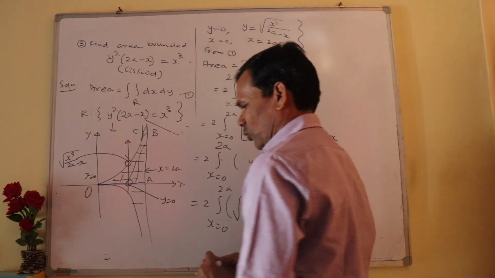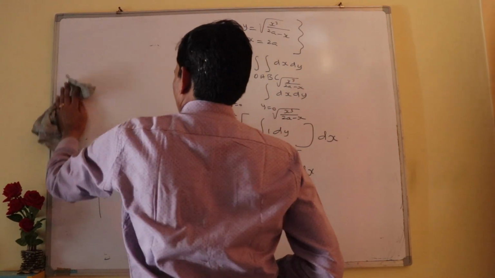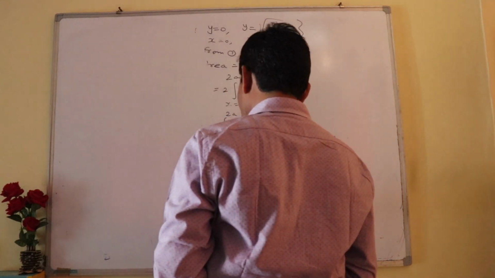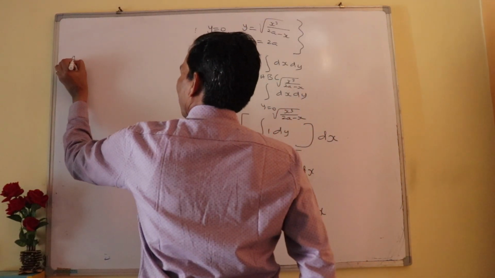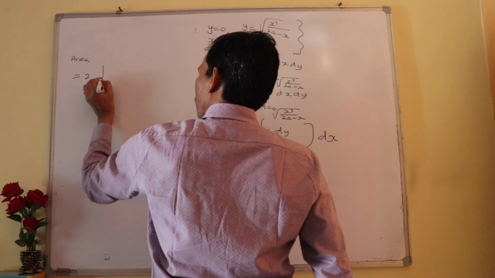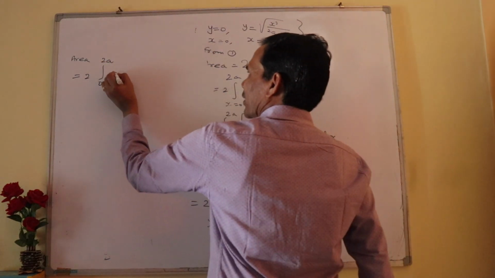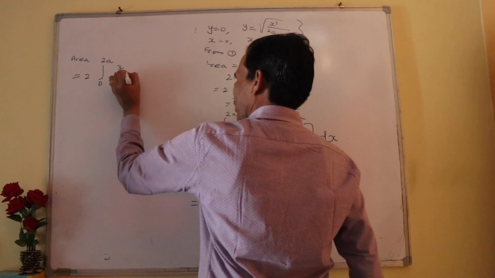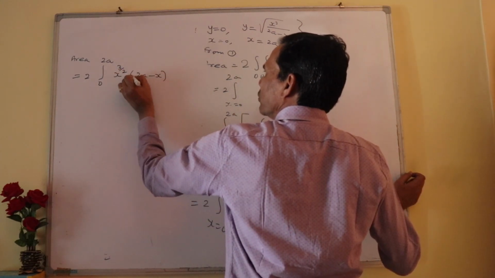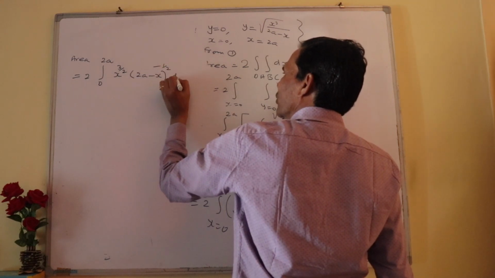Now I simplify this further. The area is equal to 2 times the integral from 0 to 2 times a. I write this as x raised to 3 by 2, and 2a minus x, bracket raised to minus half, dx.